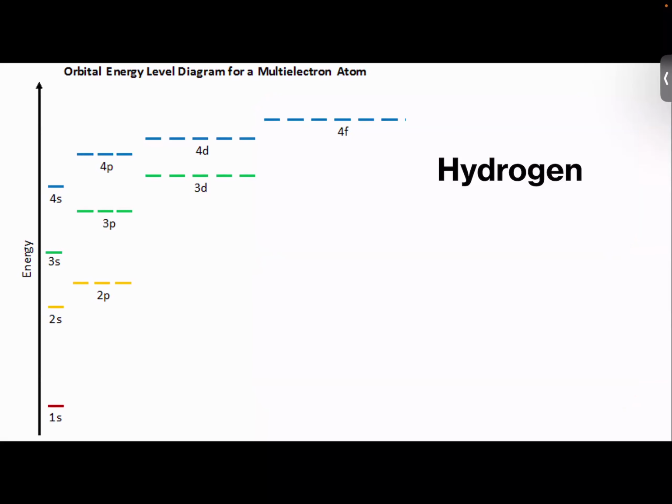So, with hydrogen. Hydrogen is atomic number 1, which means that it has 1 proton and 1 electron in the neutral atom.